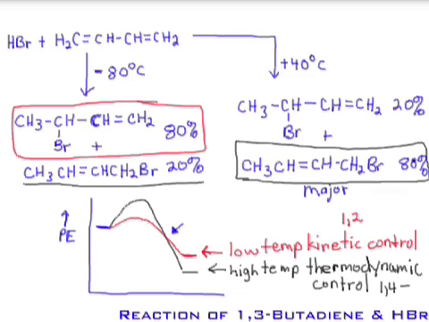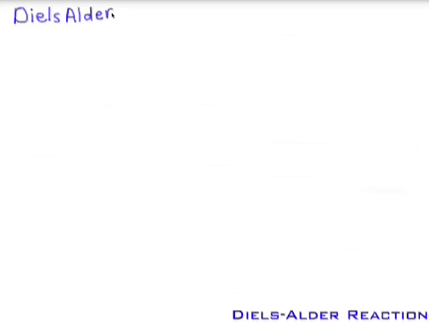This reaction is referred to as the Diels Alder reaction. Now, the Diels Alder reaction is a different type of reaction. It is a 1,4 addition of a multiple bond to a conjugated diene.